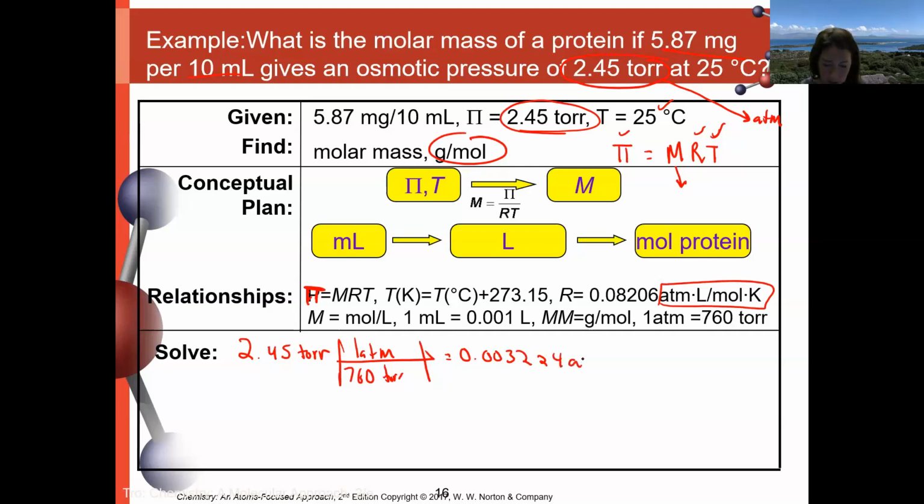0.003224, close enough, atmospheres. Right, so when we solve for this, our molarity is going to be, I'm just going to rearrange this.